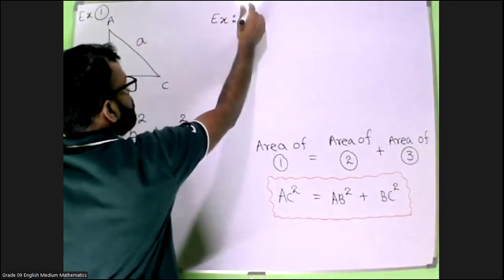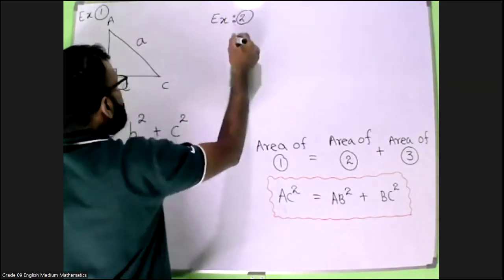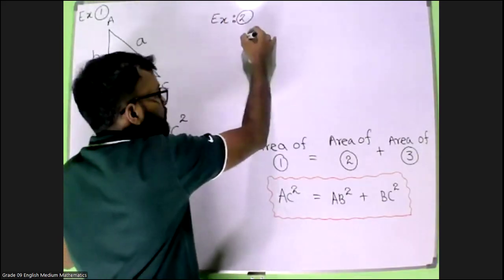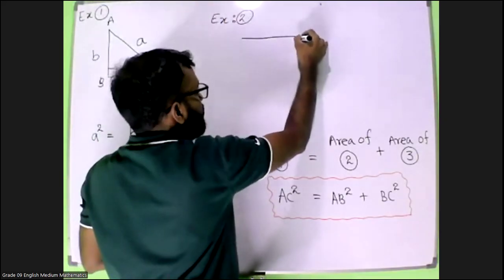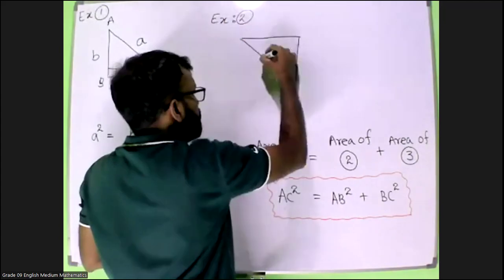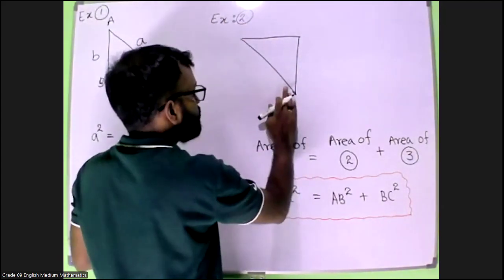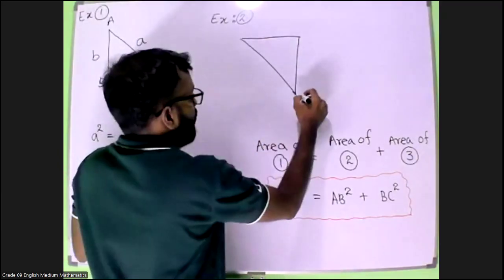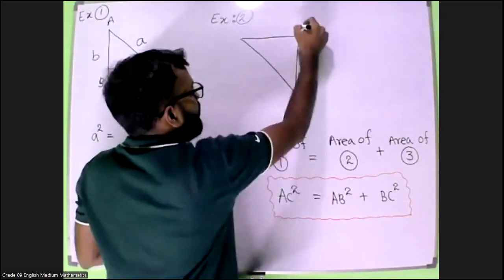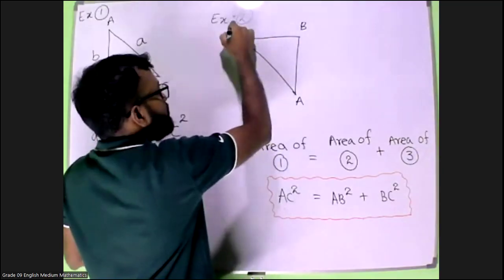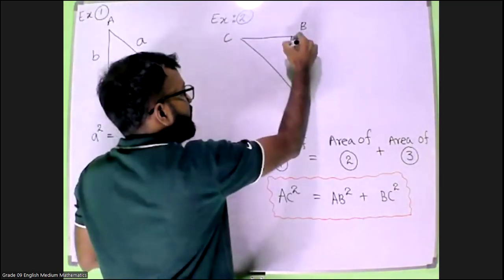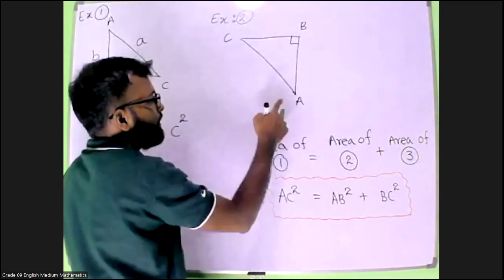Example number 2. I will write a different one. A, B, C. This is our right angle triangle.